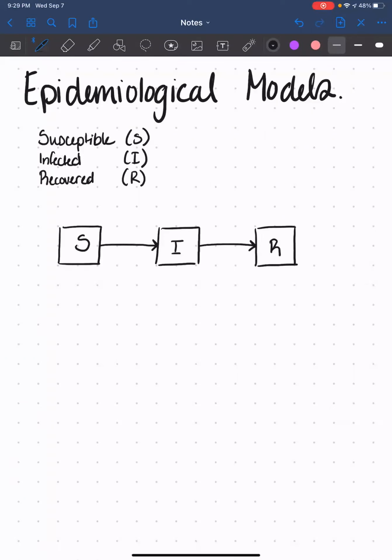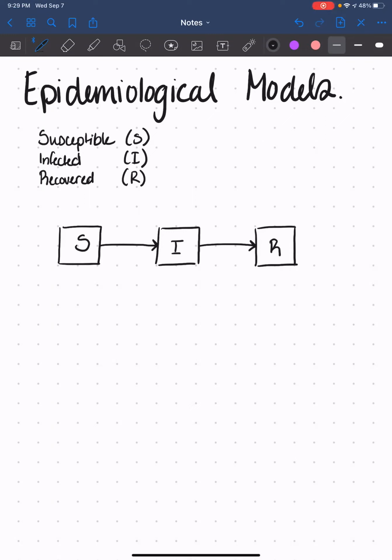We don't have any other arrows because infected people aren't going back to being susceptible in this disease, and recovered people aren't able to be infected again, and then you can't go from susceptible straight to recovered without being infected first. So these are all of the arrows that we have.